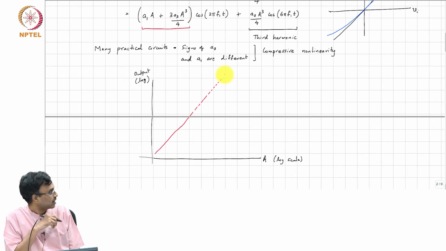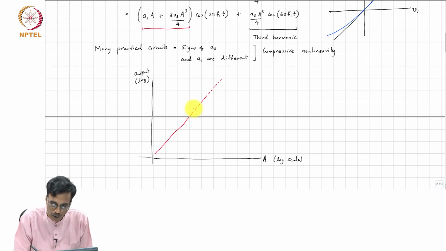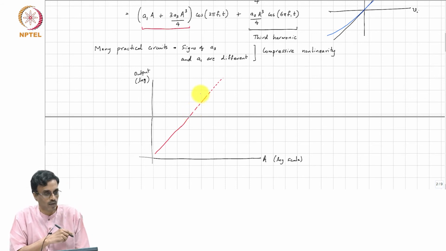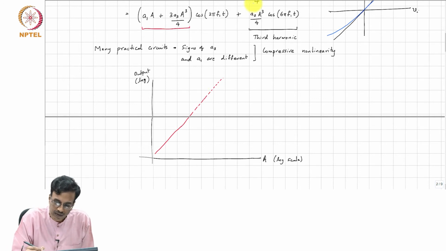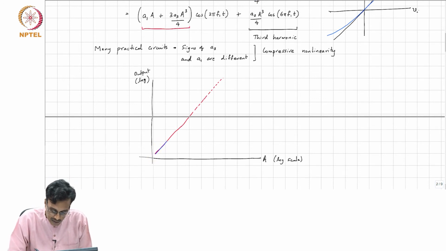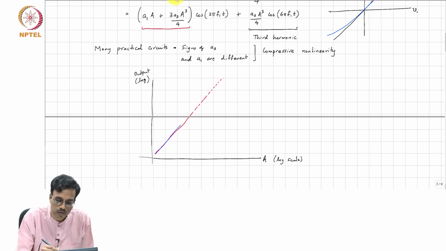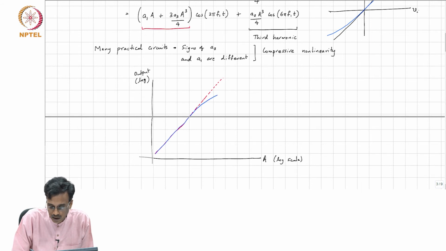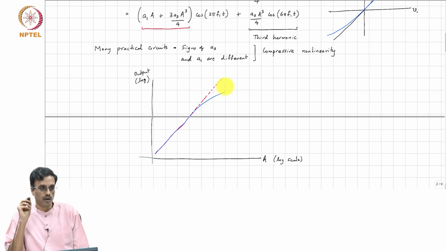As you keep increasing A, at a certain point this A3 times A cube will no longer be negligible compared to A1A. So, what you will actually see is a curve which does this, right, and as you keep increasing amplitude, what will happen is that it will tend to start doing this, right.